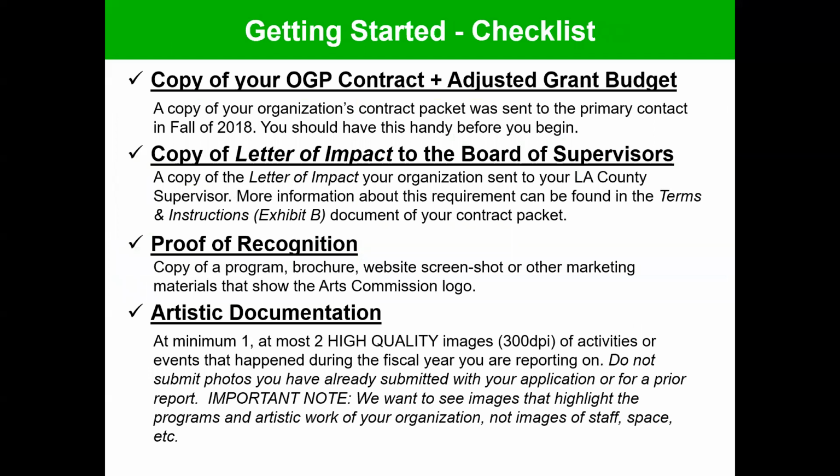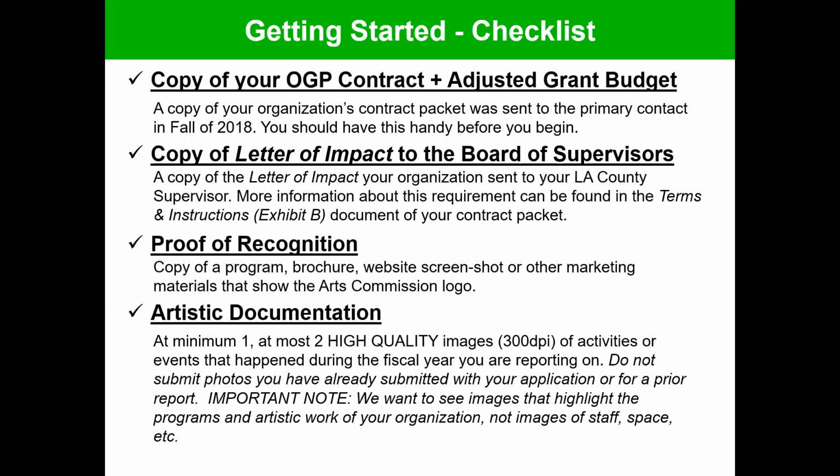So let's take a closer look at all of these forms. And before we do that, what might be helpful before you even go into the fluid review system is to have a couple of documents on hand that you're going to need to refer back to as you're answering these questions. So number one, a copy of your OGP contract and adjusted grant budget. This is basically the agreement that you signed back in fall of 2018.